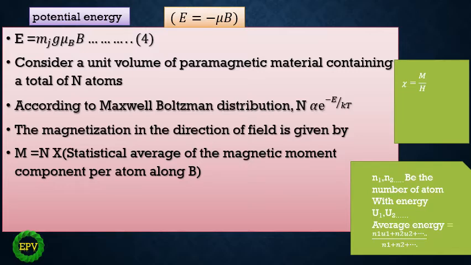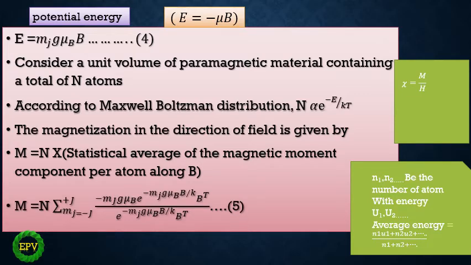Similarly, here we can express the statistical average as N into the summation over mj equal to minus j to plus j of minus mj g mu b times e raised to minus mj g mu b B by kBT.